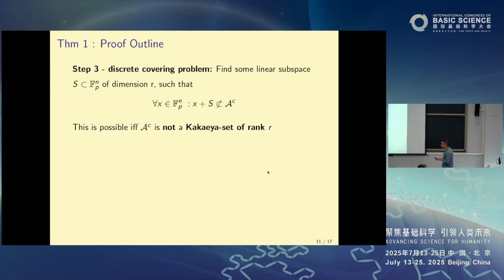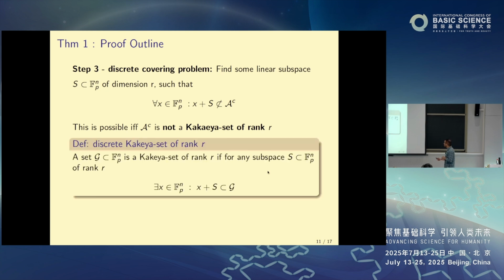Right, so this is the discrete problem I'm trying to solve now. The question is whether or not I can find such S, or what rank is required for this. And it turns out that answering this question is completely equivalent to asking whether A complement is a Kakeya set of rank R, a discrete Kakeya set of rank R. Why?